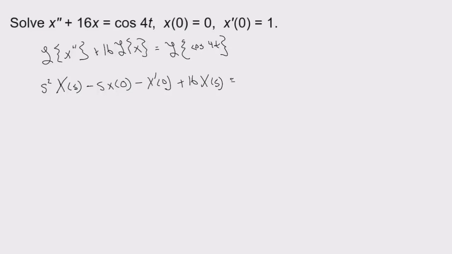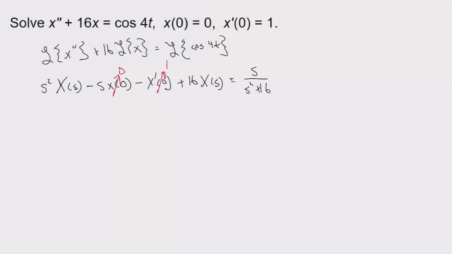And then the Laplace for cosine of 4t is just s over s squared plus 16. Okay, then we can plug in our initial conditions here. So x of 0, that's just 0, and that piece is just 1.